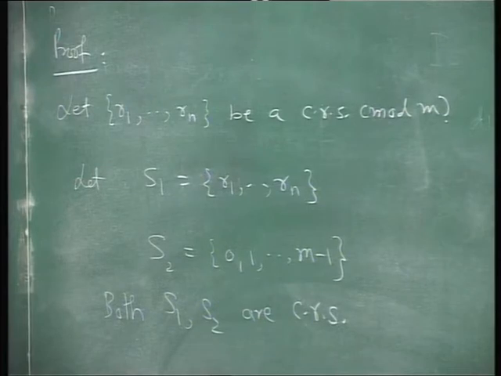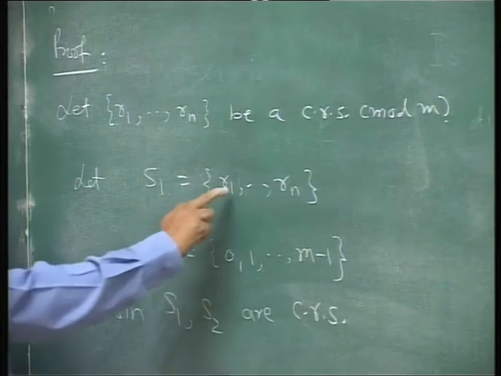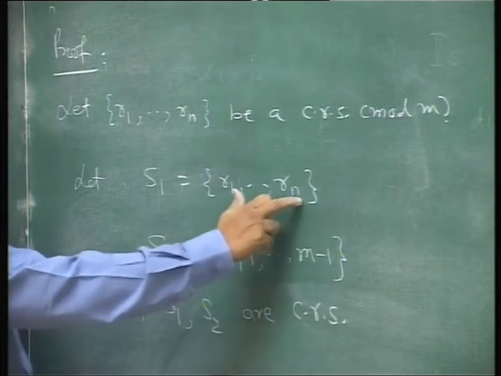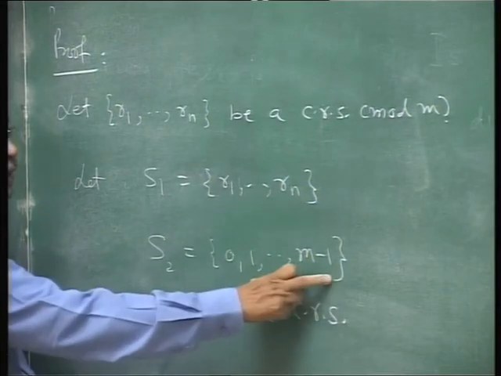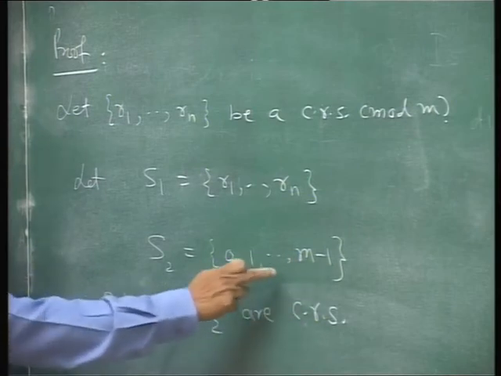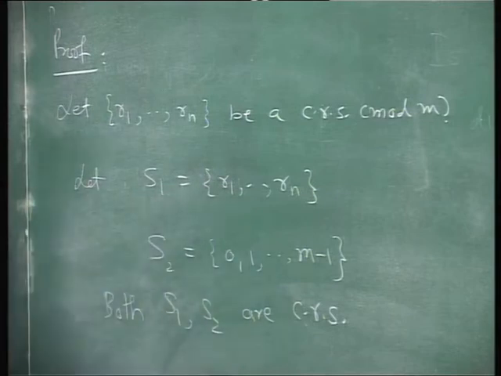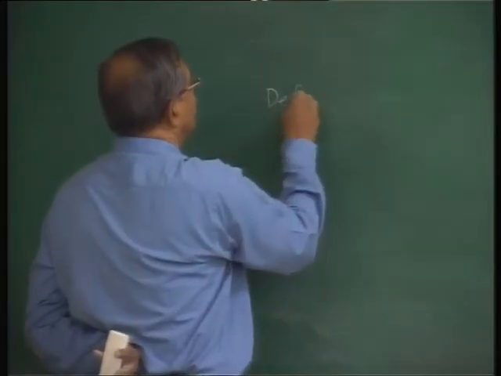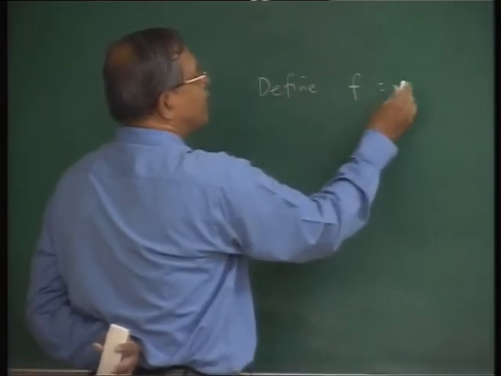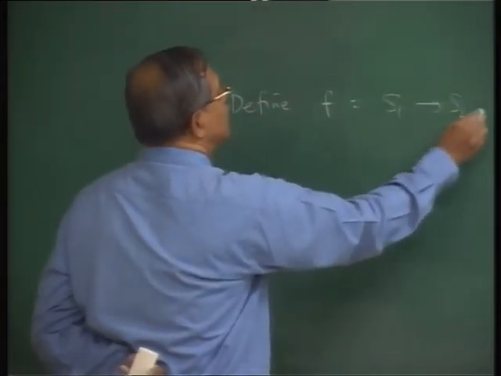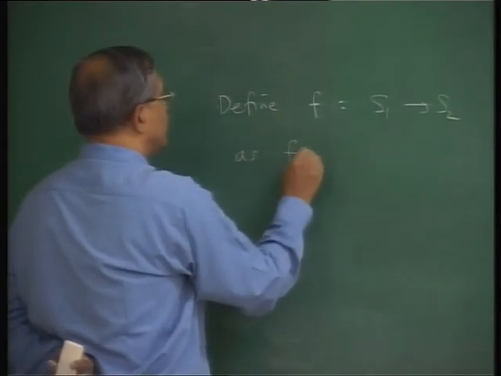Define a map from S1 to S2. Because Ri is an integer, and S2 is a CRS, there is a unique element from it which is congruent to Ri. So define f from S1 to S2 as follows.